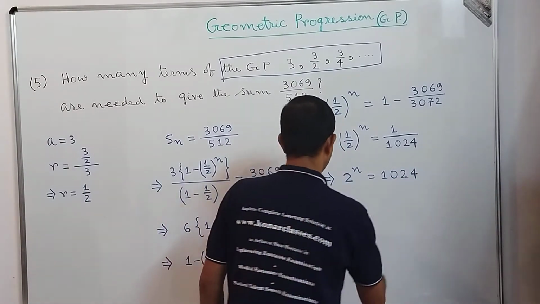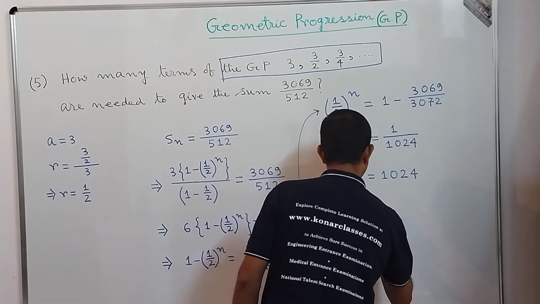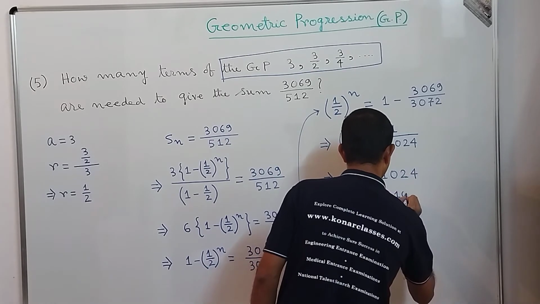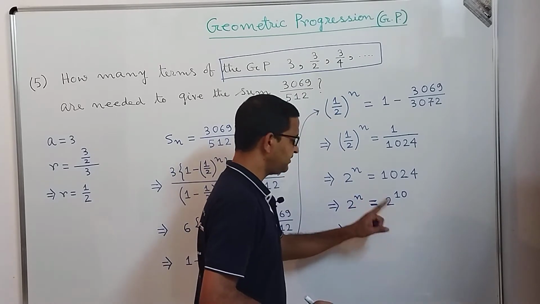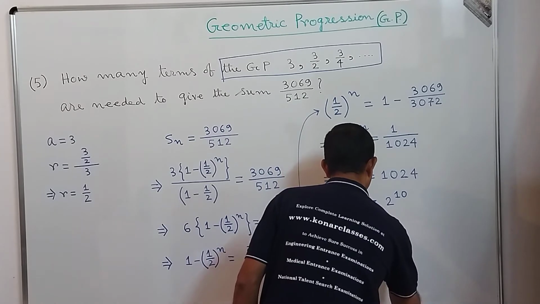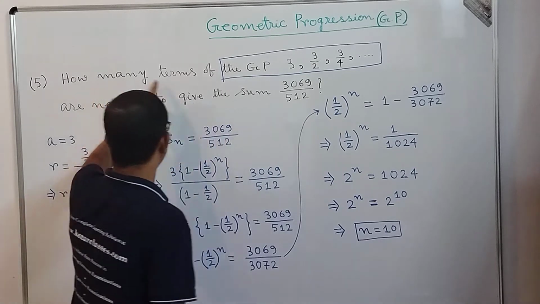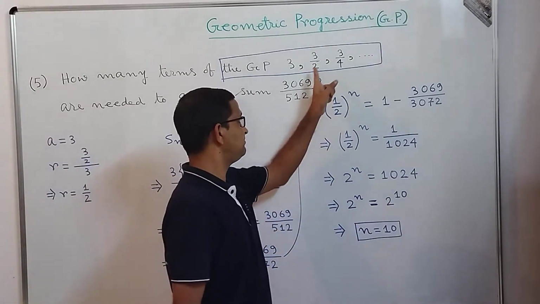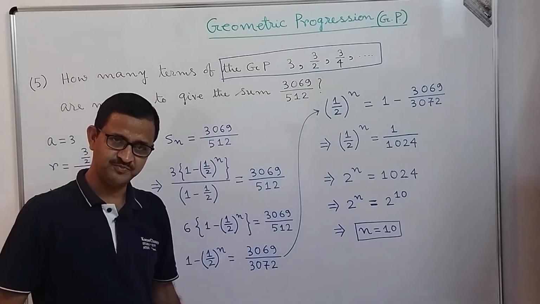You should be aware of that value upfront. So from the laws of indices, as 2 to the power n is equal to 2 to the power 10, n is equal to 10. That is what was required to answer how many terms of this GP are needed. So the answer is 10 terms are needed so that the sum is 3069 by 512, correct?